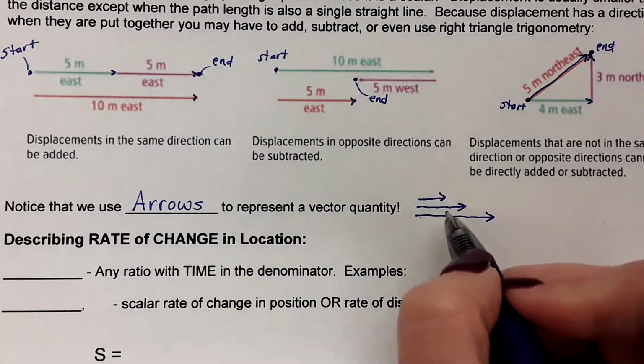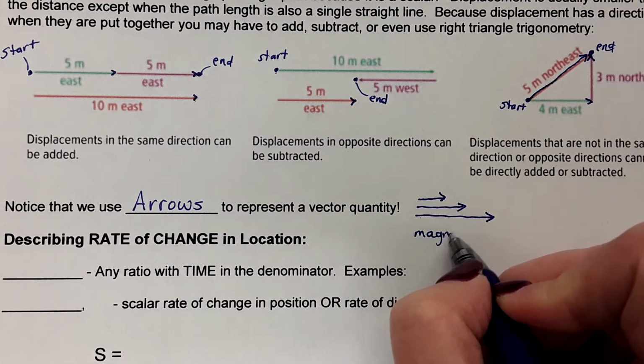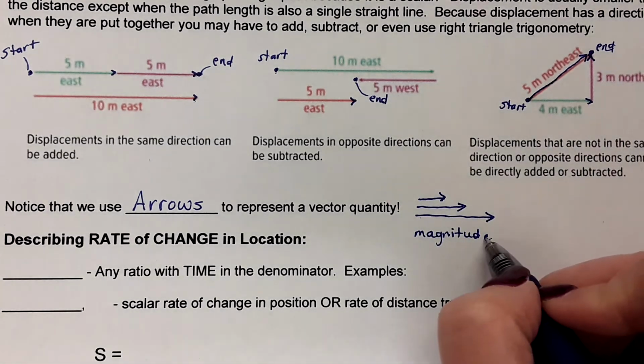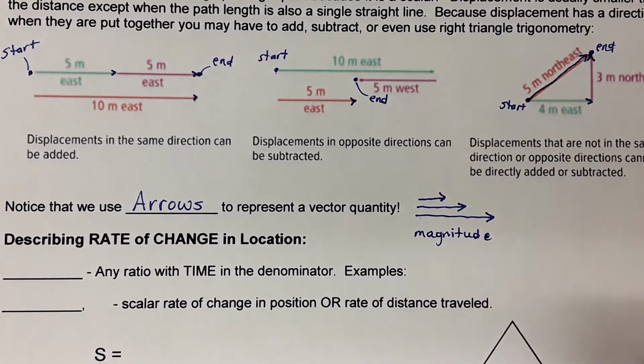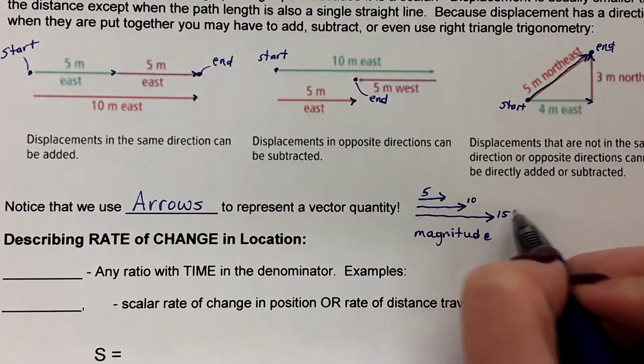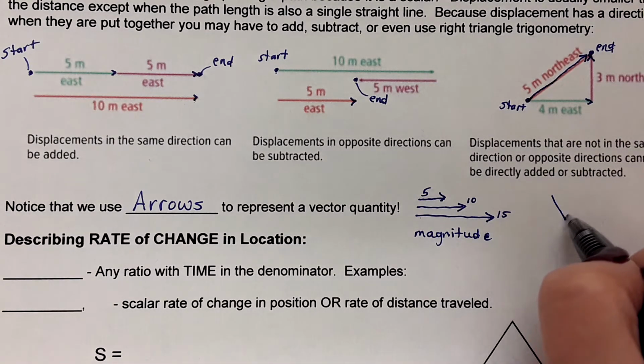Bigger the arrow, the bigger the numerical value. Okay, so the length represents magnitude. The bigger the arrow, or the longer the arrow, the bigger the number represented. All right, for example, 5, 10, 15. Okay, get the idea? All right, arrows also point.